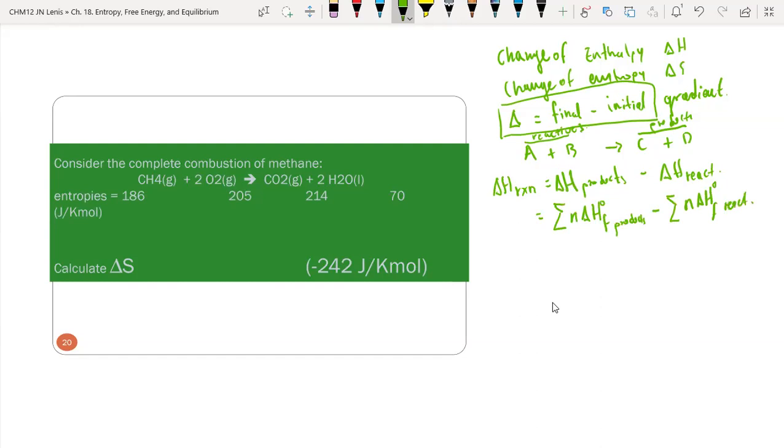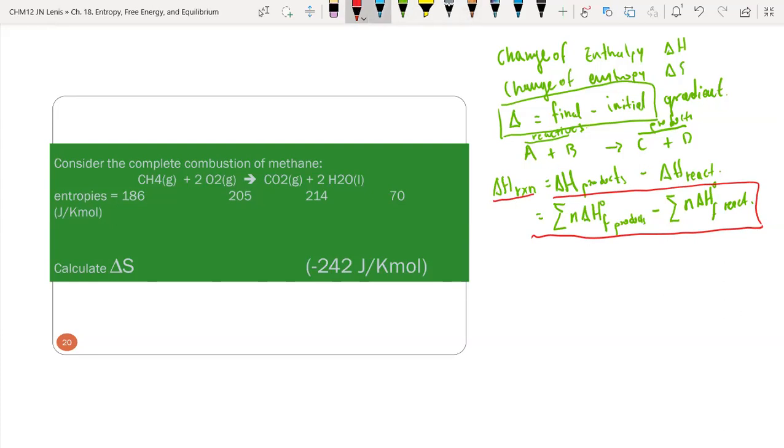So this is your great equation to calculate delta H of reaction. And that's the definition of change, final minus initial. And we can use the same definition to calculate the change of entropies for any reaction.